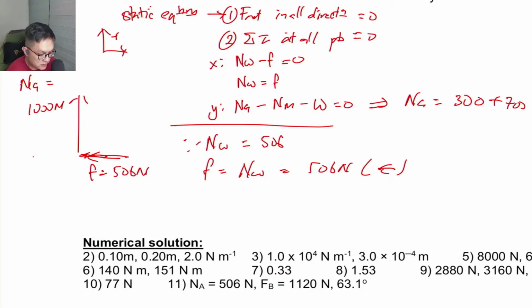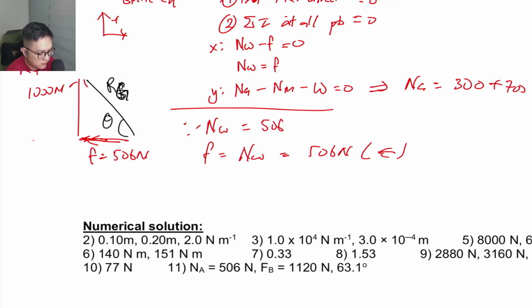So you can work out the resultant over here. This is the angle to find. Let's call this the reaction force from the ground, RG. RG is equal to the square root of NG squared plus F squared. This will give me the magnitude.